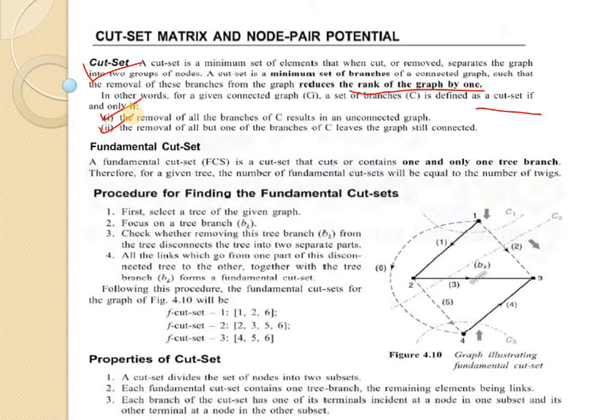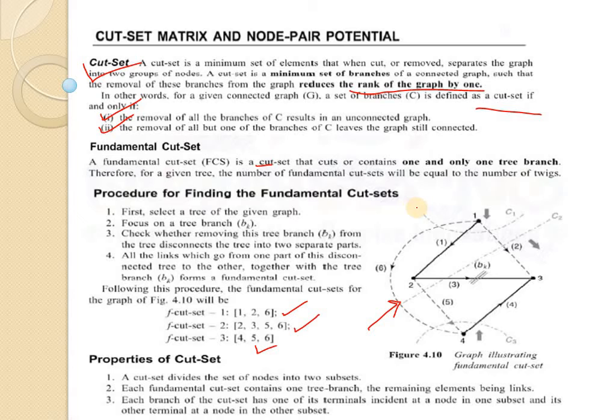From this process, we are getting 3 cut sets. The first cut set is a combination of 1, 6 as per the given graph. The first cut set is 1, 6, the second cut set is 2, 3, 5, 6 and the third one is 4, 5, 6.